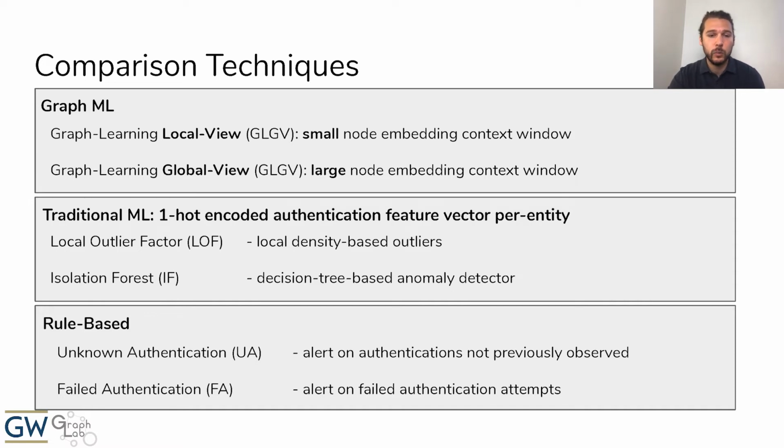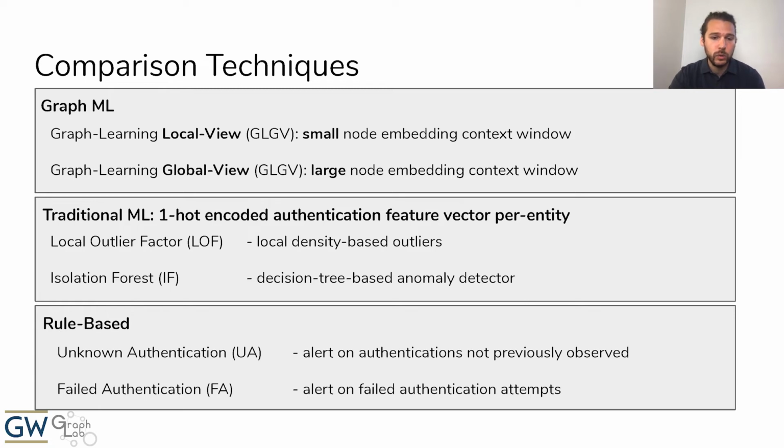We tested 2 more traditional non-graph machine learning techniques based on one-hot encoded authentication vectors generated per entity: local outlier factor and isolation forest. The local outlier factor is a density-based anomaly detector which finds outliers based on their localized neighborhoods, and the isolation forest is a decision tree style algorithm that identifies anomalies as those samples that can be isolated from the rest of the data set with a minimum number of splits.